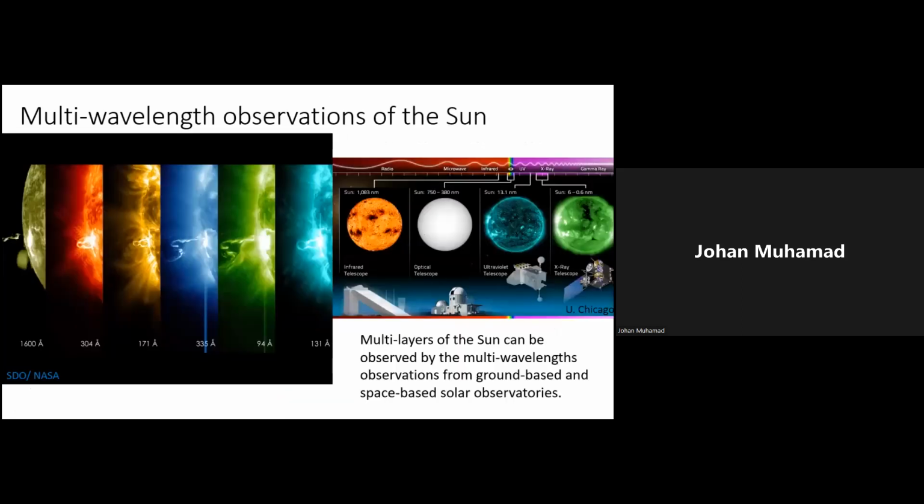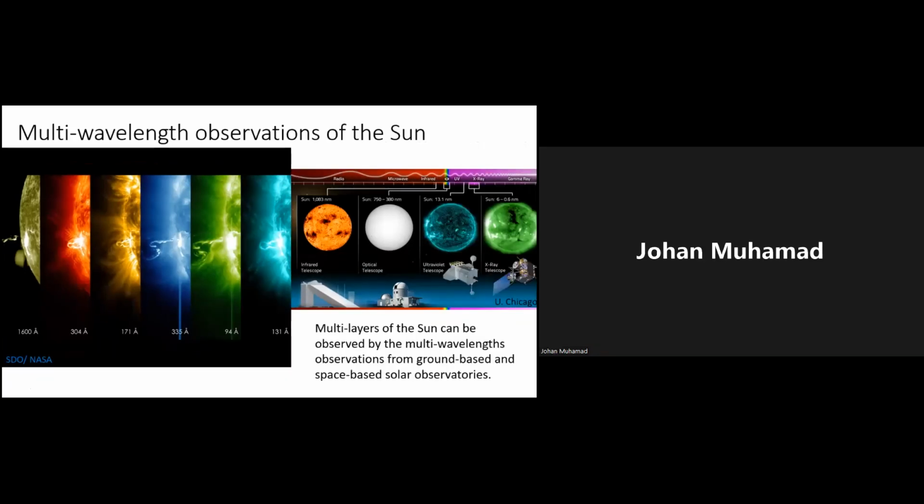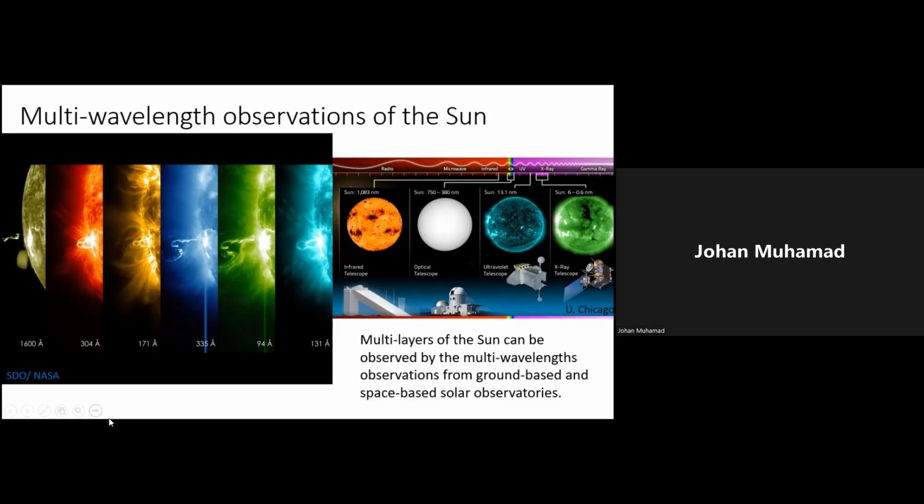And then, as with other objects in astronomy, we can see everything with different wavelengths, and we can see different features. And it also happens with the sun. If we observe the sun with different wavelengths, we can see the same event come with different features.